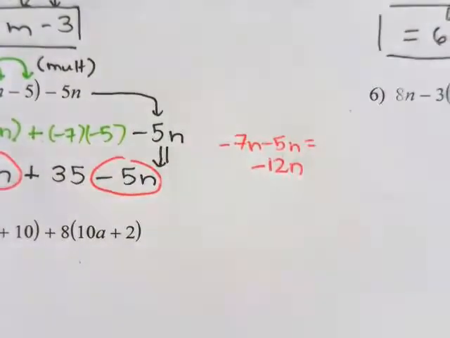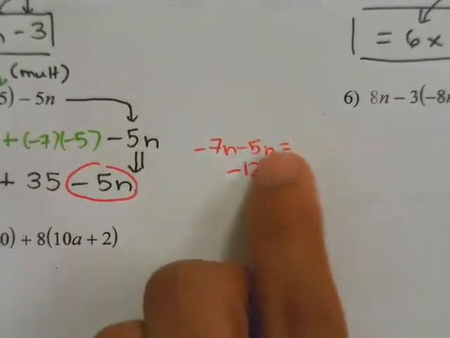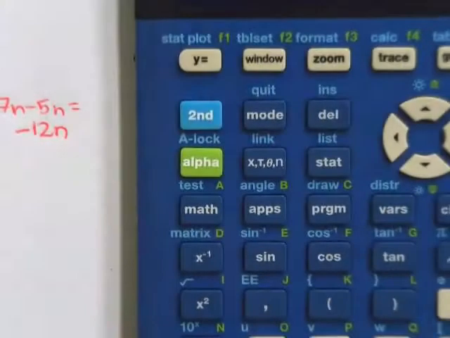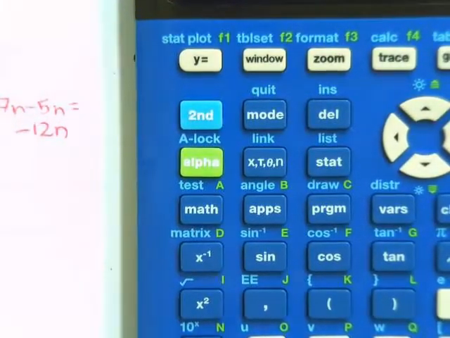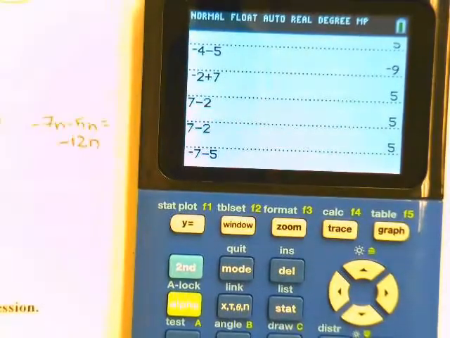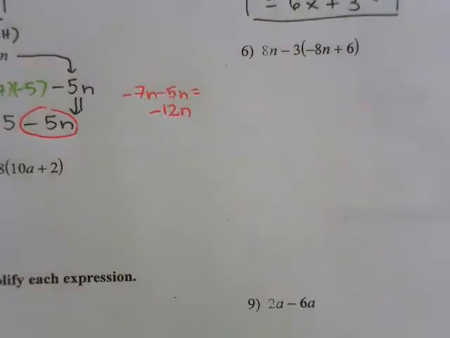And then your total is -12n. So this is pretty much you're adding two negatives together, -7 minus 5, -12.